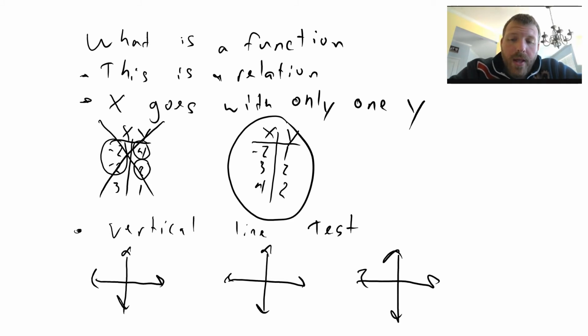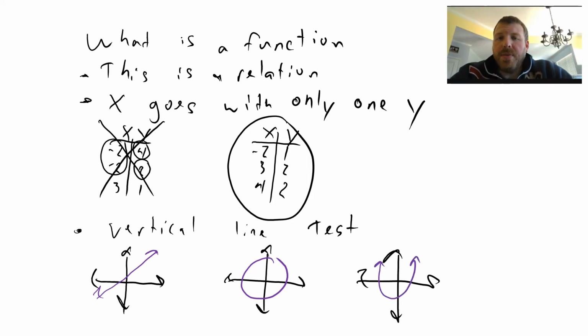So if I take a look at these graphs and I draw something like, let's see, draw here. Let's do something like that. And let's do this. Okay. So I have 3 different types of graphs here.